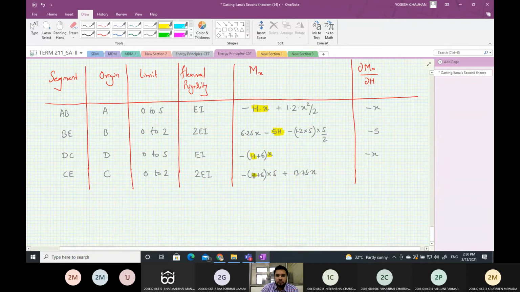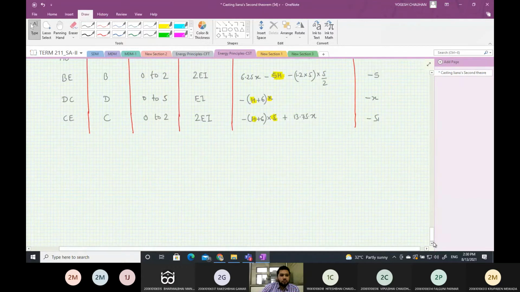So we have this 5h. The partial differentiation of this will be minus 5. Now we can use Castigliano's second theorem.